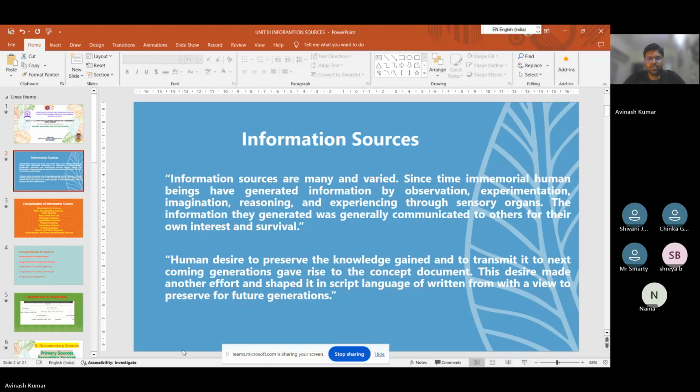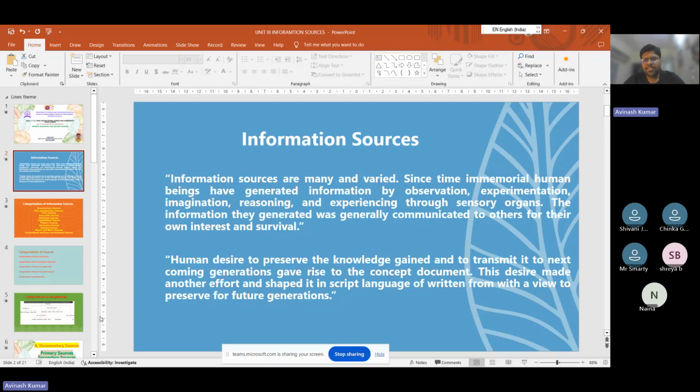Human beings desire to preserve the knowledge gained and transmit it to the next generation. As you know, we study ancient history, medieval history, and modern history. We started from ancient time, then medieval, then modern.